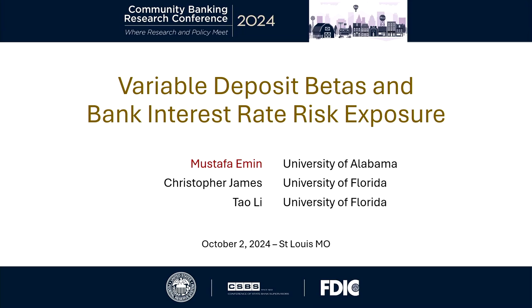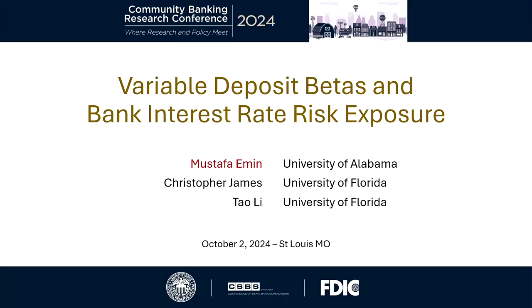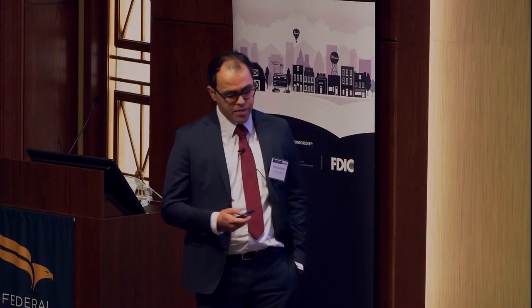In the earlier session in the morning, we discussed that two of the top three concerns among community bankers were funding cost and net interest margin. So our paper is really related with the funding cost of the banks and the banks' exposure to interest rate risk.